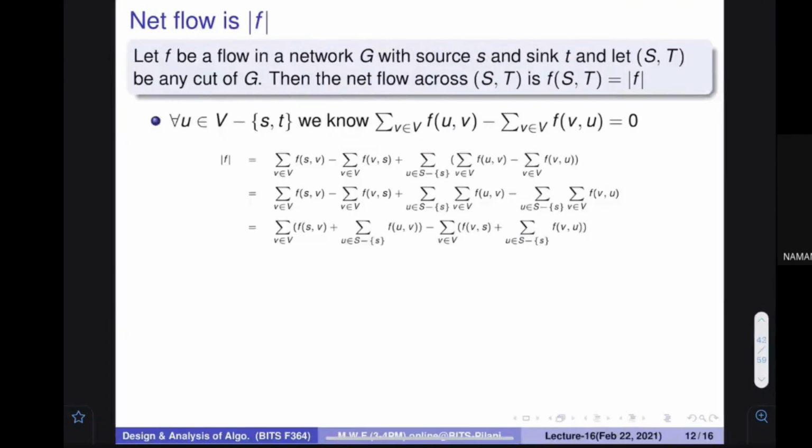Then I can do a small kind of rearrangement over here, because v is here now. So f_uv.